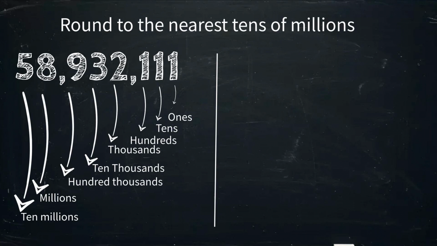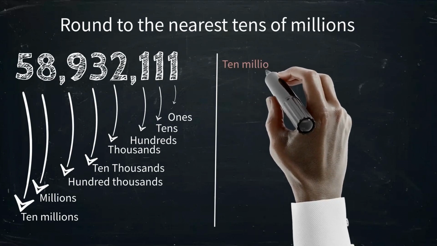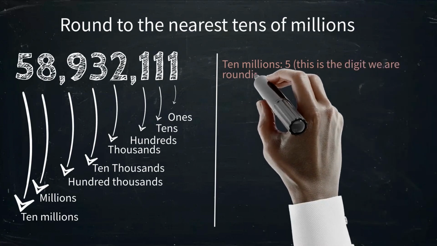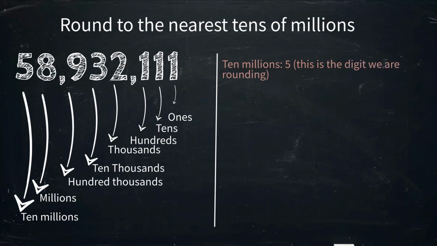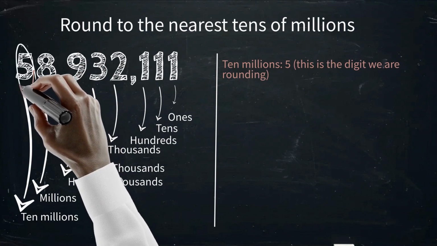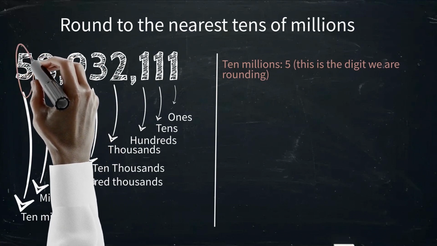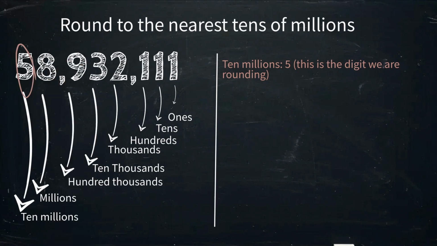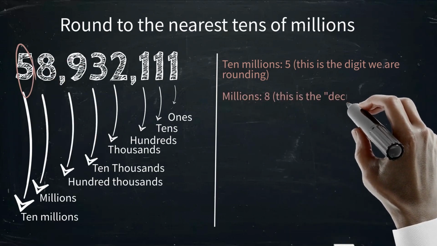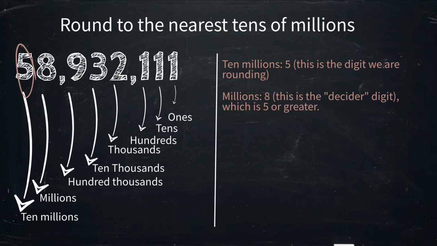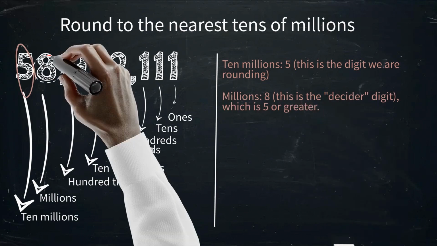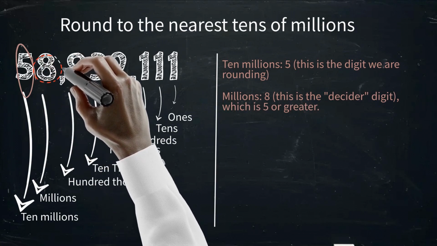From 58,932,111 tumepata the digit in the tens of million place is digit 5. Step 2. Look at the digit to the right. The digit to the right of the 5 is 8.